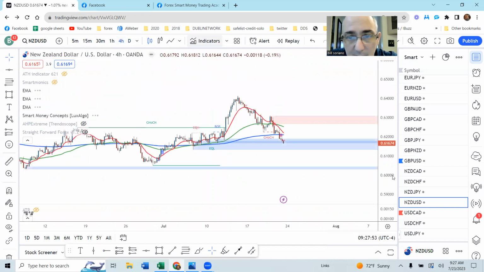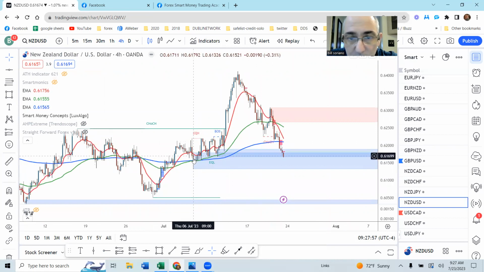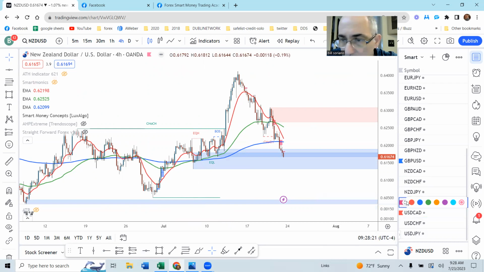Okay. So if I'm looking at this as bullish, I have this order block right here. And I don't really like anything in here, but you can see that price is inside of this order block. So what I'm going to do is mark this for a buy.